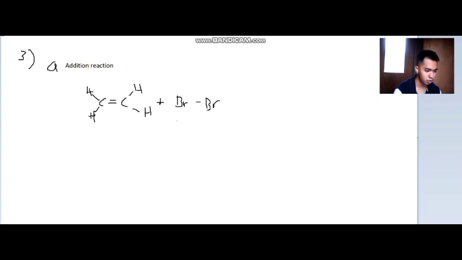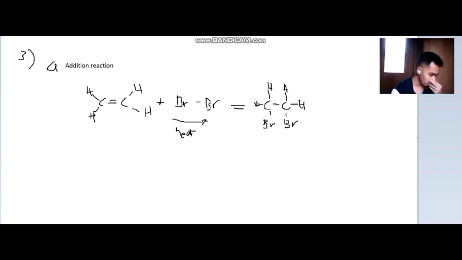So addition reaction happens with catalysts like heat. So yeah, heat, and then the result of this is that the carbon will no longer have a double bond because the 2 bromines are being added on the structure.